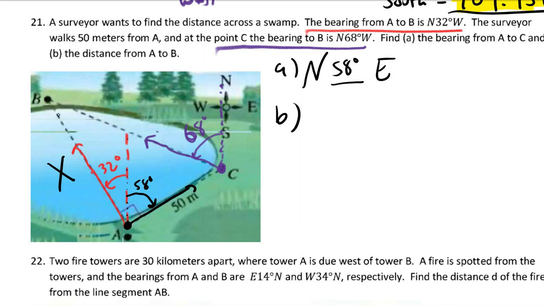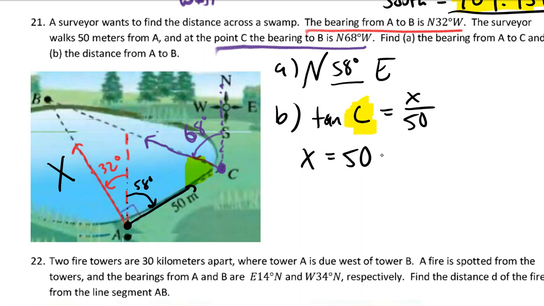Now, I don't know how big angle B is, but if I can figure out how big angle C is, I could say the tangent of that is equal to opposite, which is what I'm trying to find, over adjacent, which I know. So my final answer is going to come from 50 times the tangent of angle C.